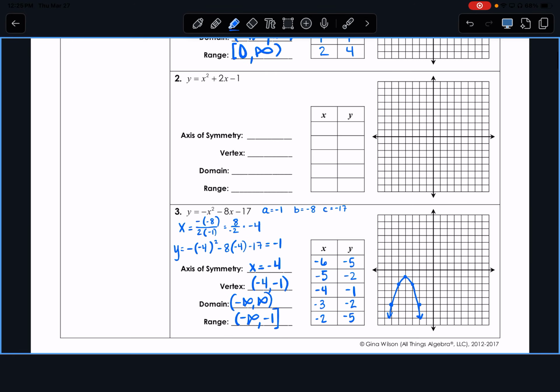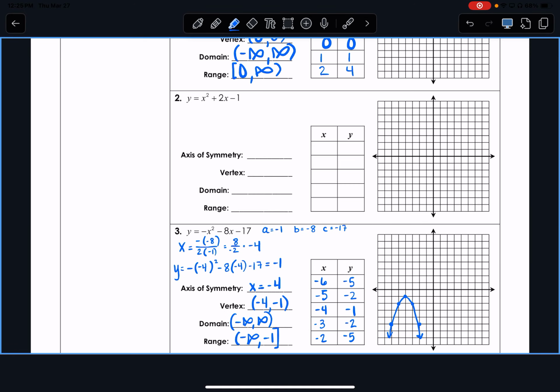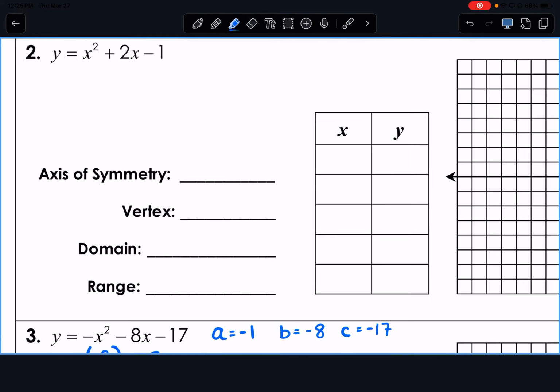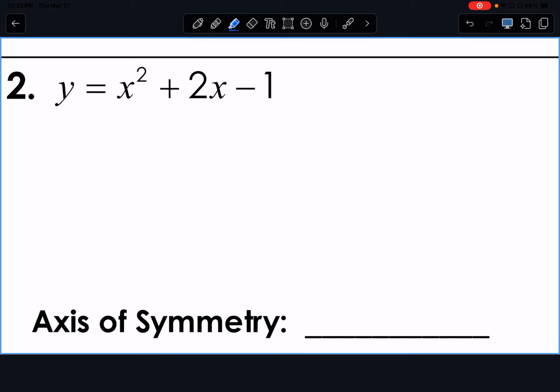All right. We are going to go over number 2 all together, okay? So number 2 is the only one that we did not do yesterday. So what we are going to do is find our A, B, and C. What is A? 1. What is B? 2. What is C? Negative 1.